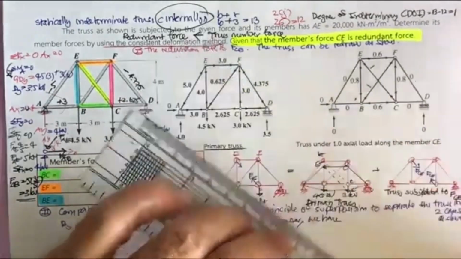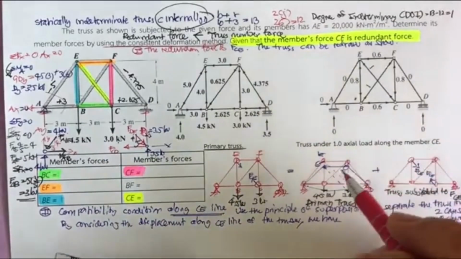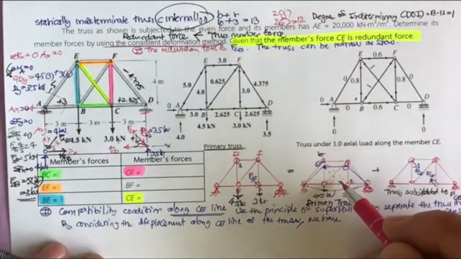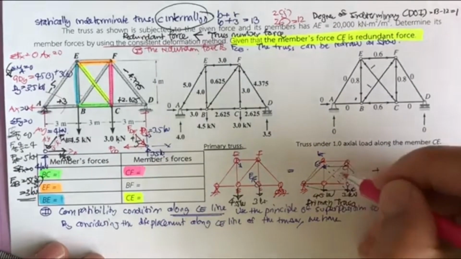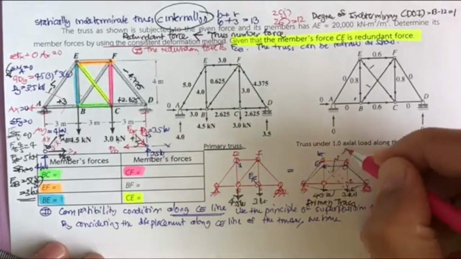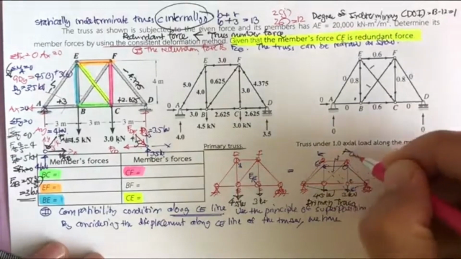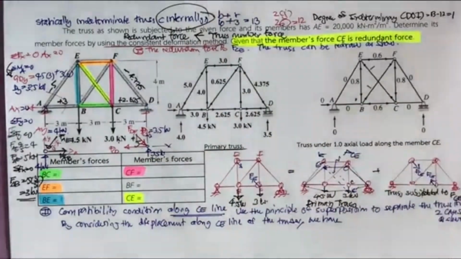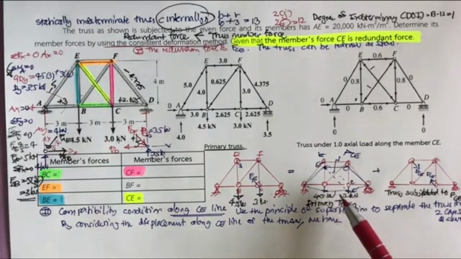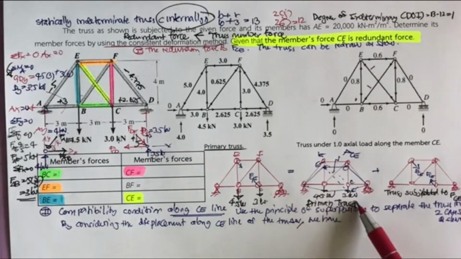And then we can subtract the length of this blue line from the length of this red line, and we say this is the delta along the CE. It's the change of the length along the CE line before the application of the force compared to after the 4.5 kilonewton and 3 kilonewton are applied to the truss.